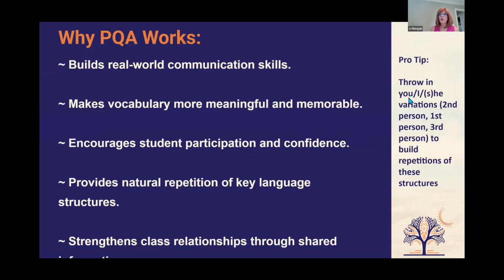So if you're asking a student, do you like to play baseball? Then you can ask another student, and the student answers no. Then you can ask a third student, does Sue like to play baseball or not like to play baseball? Right? Do I like to play baseball? And so that's a really, really basic PQA example.